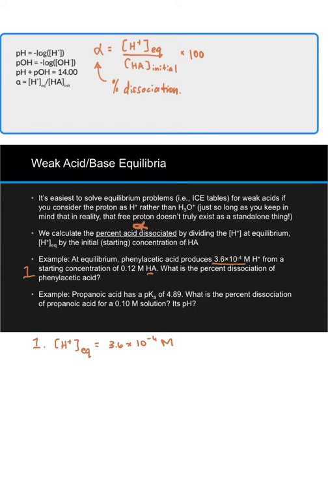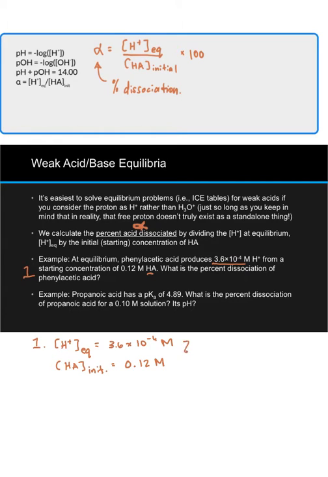It doesn't make any difference what phenylacetic acid actually is, so long as we know that it produces just one proton, H plus cation, from its intact molecular formula. Our initial concentration of HA is told to be 1.2 times 10 to the minus 1, or 0.12 molar.